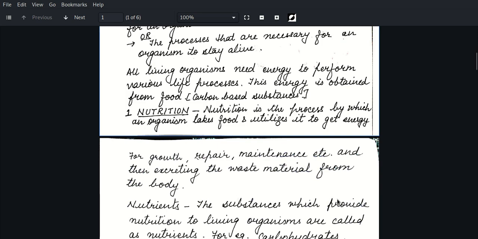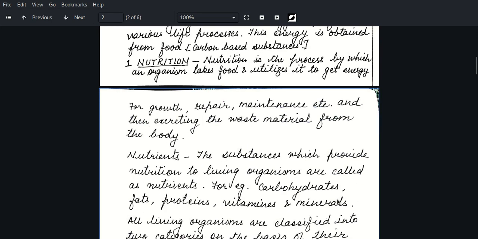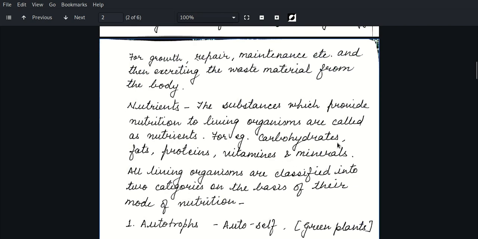How does food provide us energy? Because food contains nutrients. So what are nutrients? Nutrients are the substances which provide nutrition to living organisms. For example, carbohydrates, fats, proteins, vitamins, and minerals.